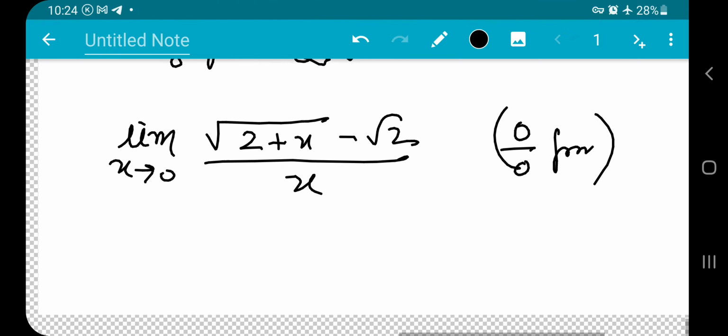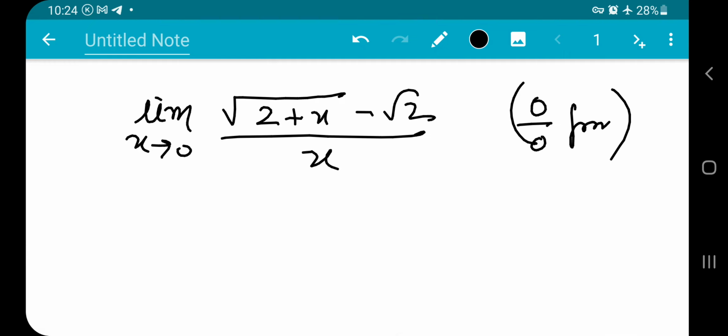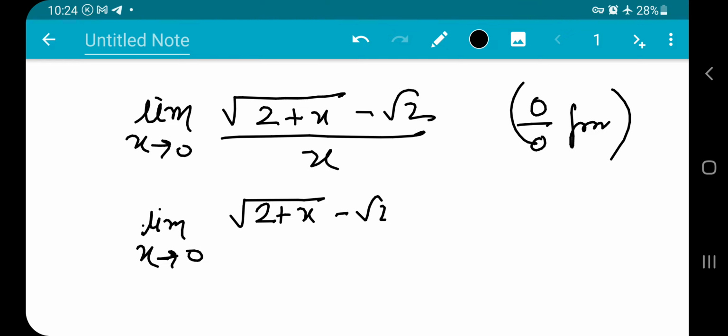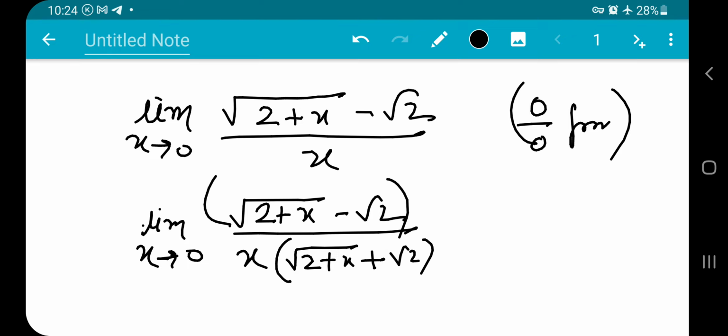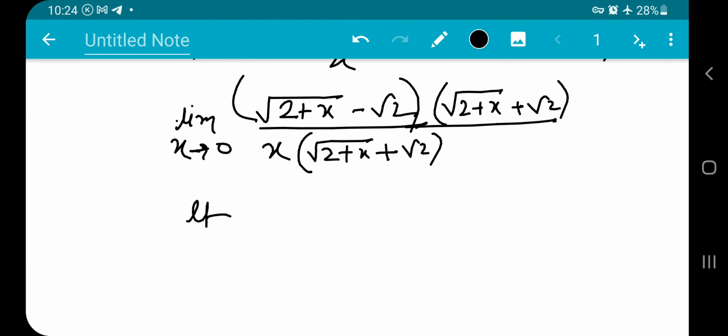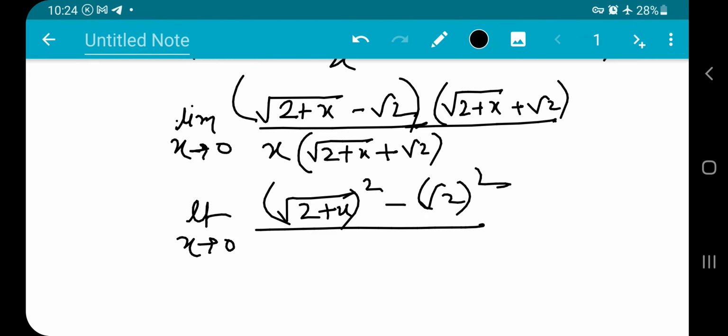So what we need to do is rationalize the numerator. So how to rationalize? Rationalization system is very simple. What you have to do is just write it over here, root of 2 plus x plus root 2, and the same factor you have to multiply above. So limit x tends to 0, you'll see it's coming in a form (root of 2 plus x) whole square minus (root 2) whole square by x (root of 2 plus x plus root 2).